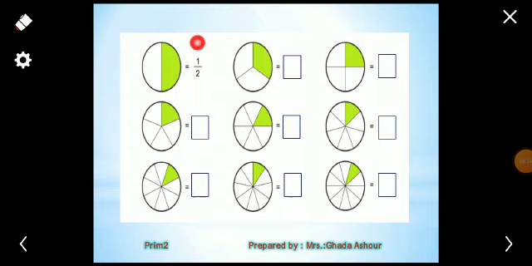The upper number is called the numerator. Numerator, okay? And that numerator represents the colored part only. So on top I write only the number of colored parts. How many parts are colored goes on top. But the down part is called the denominator.